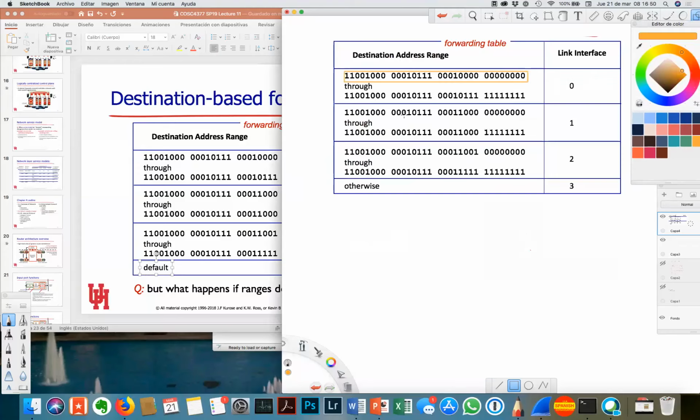And what this first row is saying is, if you send me a packet and it matches an IP address anywhere between this address and this address, then let's consider it a match and send it out link interface 0. So what do you notice about these two addresses? What I notice is they're exactly the same as each other up until this point. And after that point, it's all zeros up to all ones.